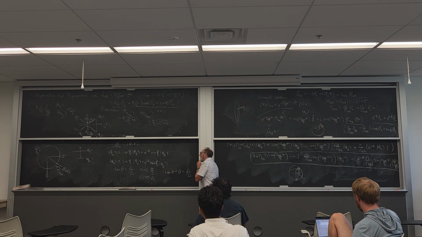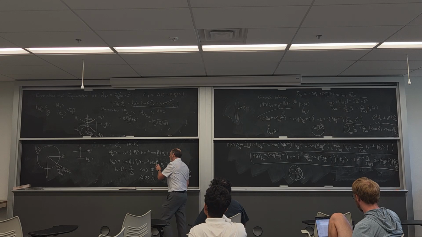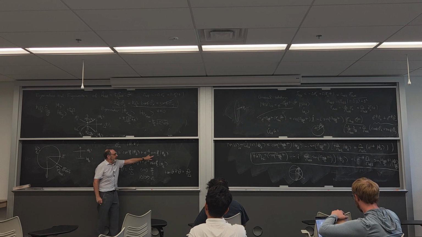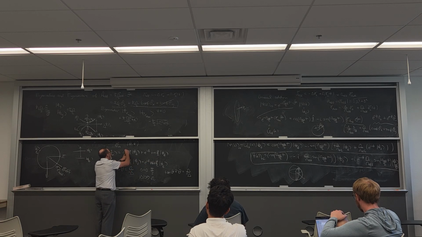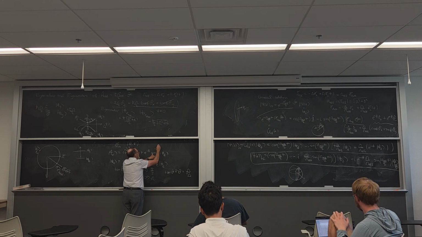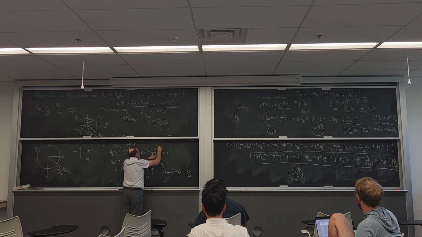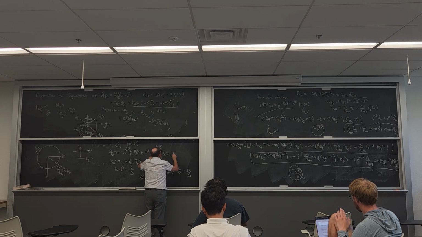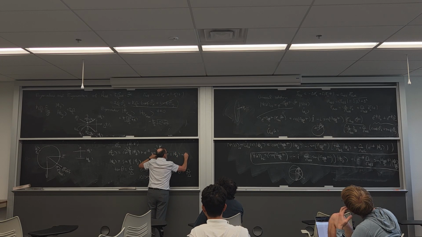The cosine of theta over 2 is approximately 1 to first order, and the sine is approximately theta over 2. So this one would be spin up along z with a little bit of spin down mixed in.